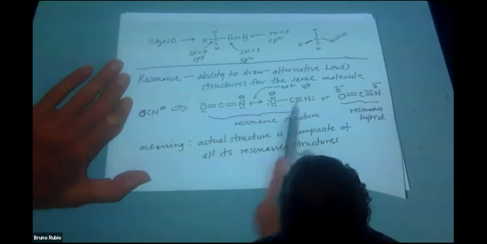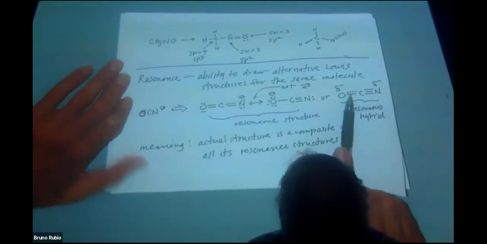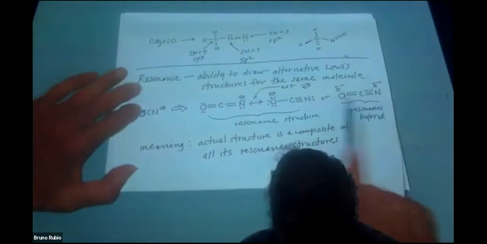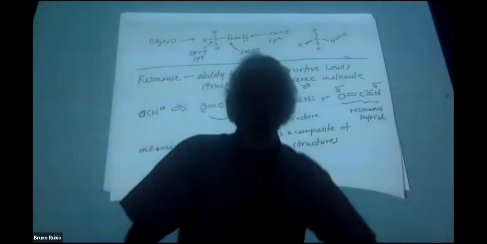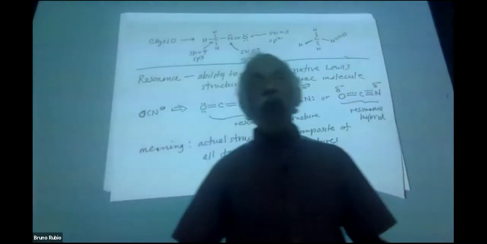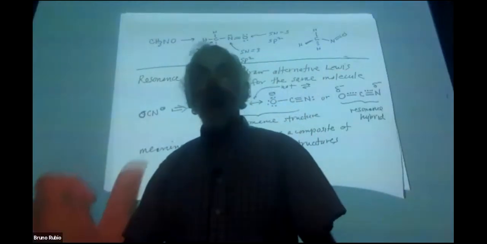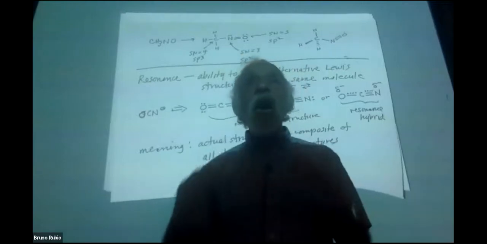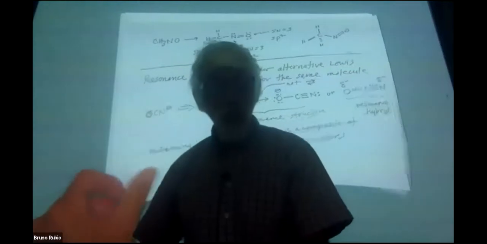The actual structure of OCN minus is this, where these double bonds or triple bonds are partial bonds, and where the negative charge is actually spread out over the whole molecule. Okay, so this is kind of a challenging concept to think about, that the actual structure of the molecule is a hybrid composite of all of its resonance structures.